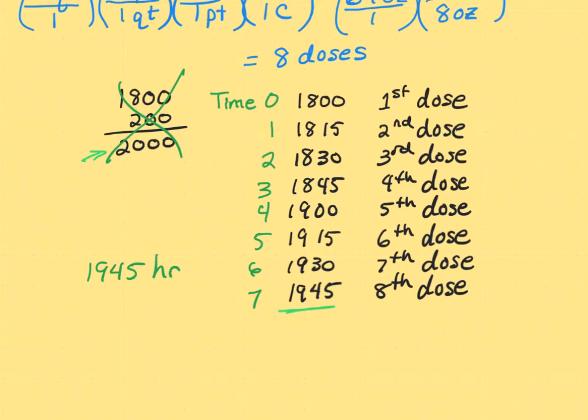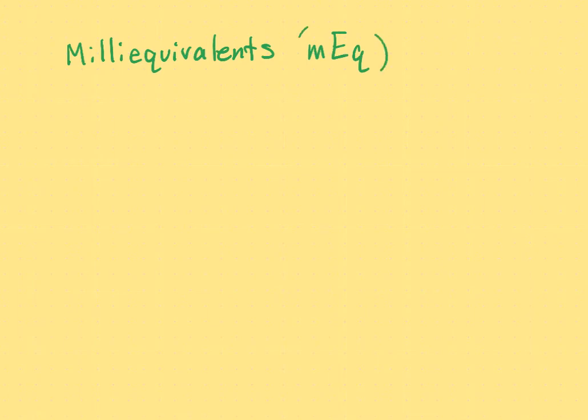From military time, we need to turn our attention to milliequivalents. That is spelled this way, milliequivalents, and it's abbreviated mEq, with a lowercase m and a capital E-Q.